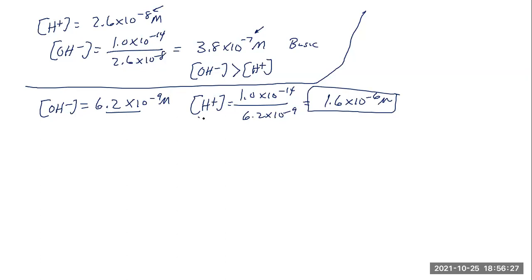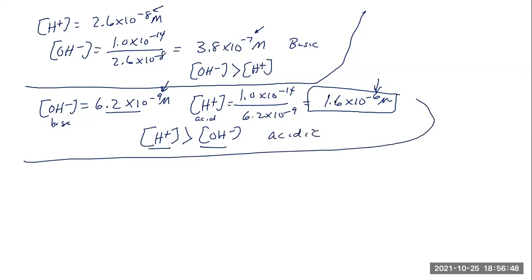So remember, this is the acid part, this is the base part. To the minus 6 is a larger number than to the minus 9. So in this case, the H plus concentration is larger than the OH minus, which means the acid part is bigger than the base part. So we would expect this solution to be acidic. Any questions on that one?